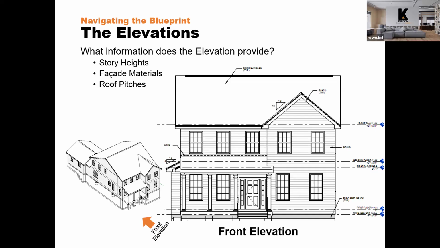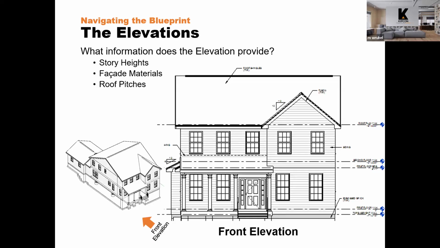Depending upon the survey datum, that might be 100 feet above mean sea level. It could be whatever the reference is, or it could be just a reference point on the site that they set at 100.